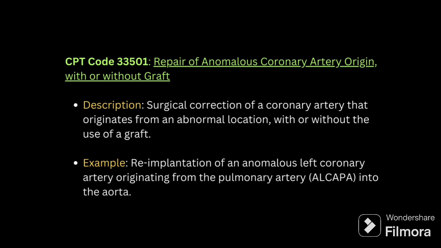Second example, 33501, repair of anomalous coronary artery origin with or without graft. Here the question will be reimplantation of an anomalous left coronary artery originating from the pulmonary artery into the aorta. The description of code 33501 is surgical correction of a coronary artery that originates from an abnormal location, with or without the use of a graft.